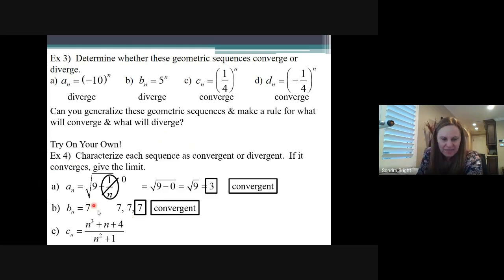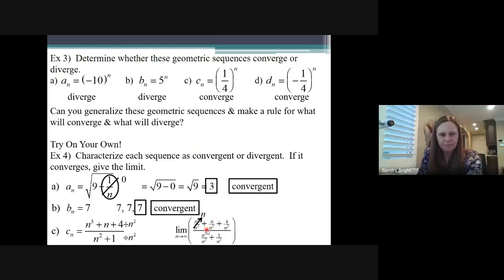I kind of gave you the hint before about the n cubed over n squared. Degree on top is bigger. I'm expecting this to be divergent. I do show it in work. I'm going to divide top and bottom by n squared because that's the highest degree in the denominator. And when you do, you'll take the limit as n goes to infinity of each of the terms divided by n squared. So this guy right here becomes an n.